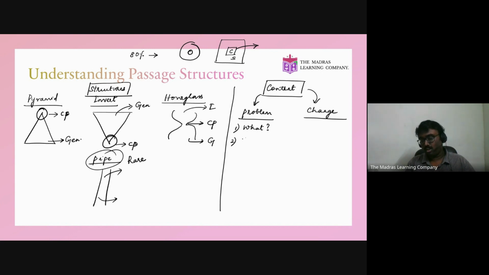Then, what is the cause of the problem? Then, what is the solution of the problem? And are there any examples? Usually, number four is not very important. But as long as you understand what the problem is, what the cause is, and what the solution is, you'll be able to understand the passage more or less.